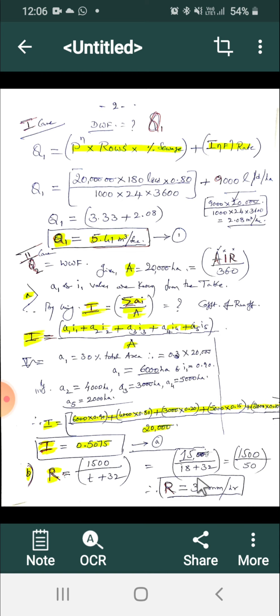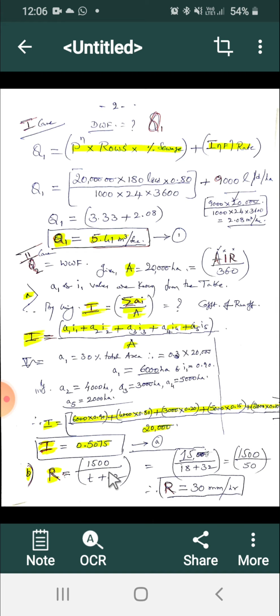How did you get this? 18 plus 32. How did you get that calculation? You have to solve this. T plus 32 is the standard value. 32 you have to keep as it is, and the T value. T is nothing but hours, in terms of hours they have given. That is 0.3 hours. 0.3 into 60 minutes per hour, how much is it? 18.